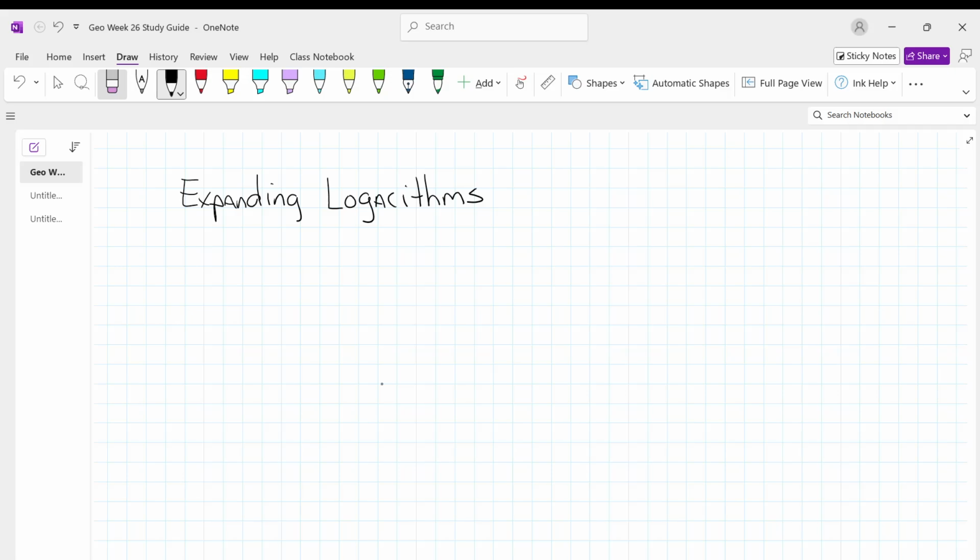So today you'll get the log in the form of log b of mn, and you'll expand it to log b of m plus log b of n.